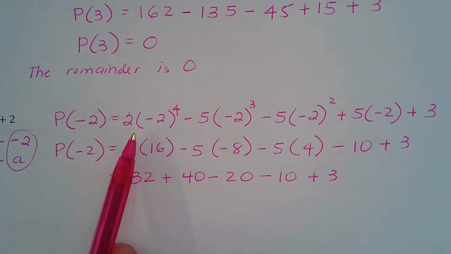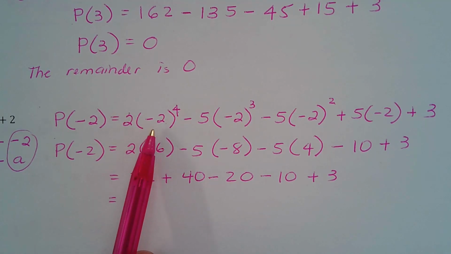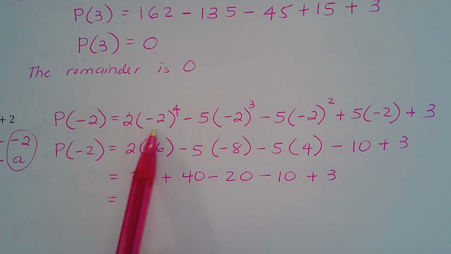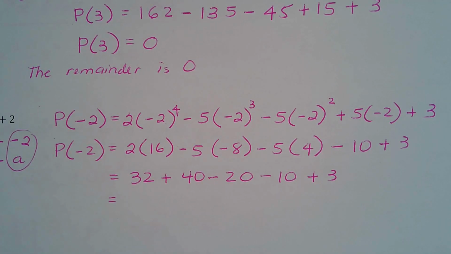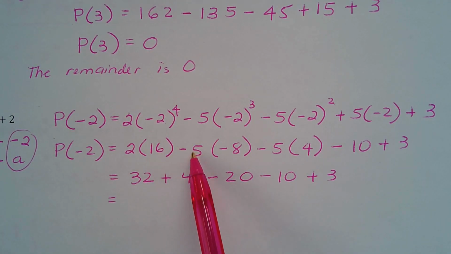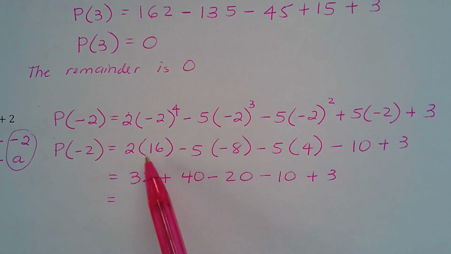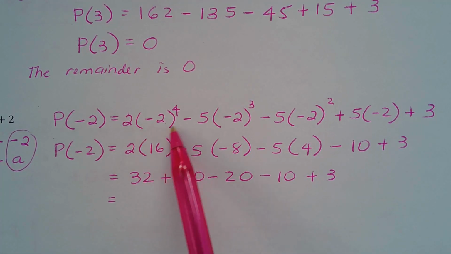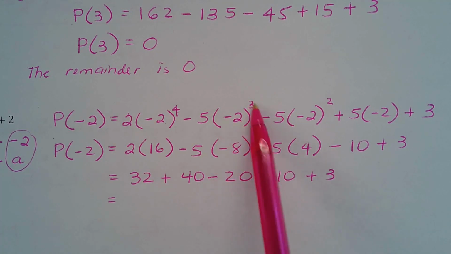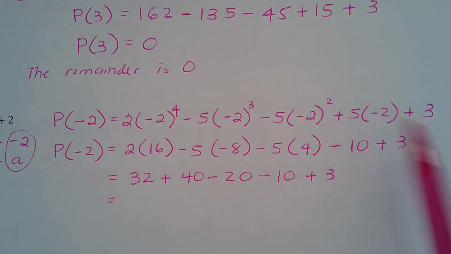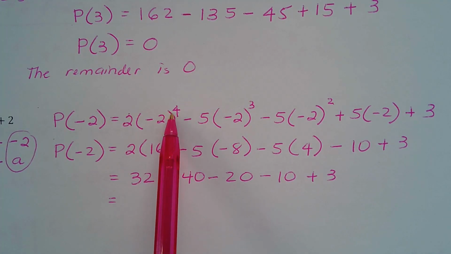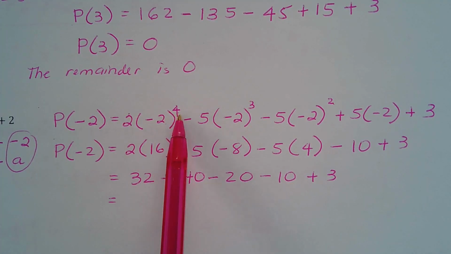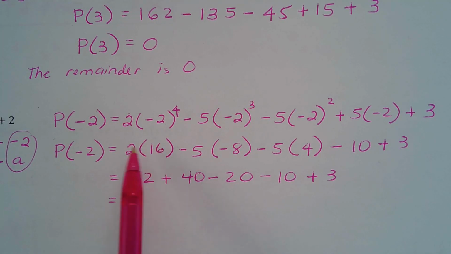Okay, so we have to do the orders of operation. Exponent first, and then multiply, right? Like we learned about BEDMAS before. So what I did here is I did the exponent first, so negative 2 to the power of 4, that's going to be positive 16.